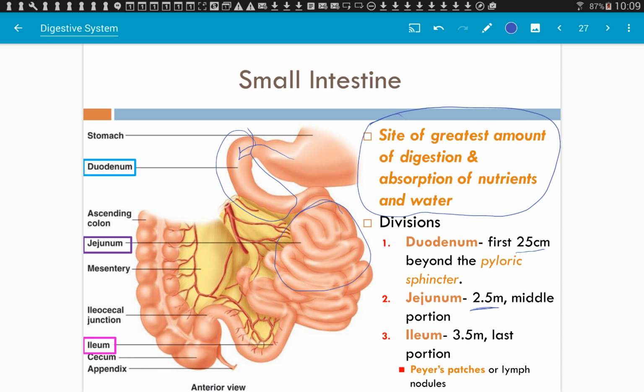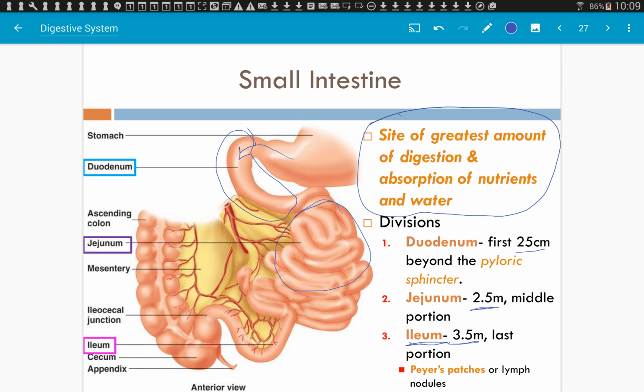So a meter is approximately 3 feet, so you could say it's like 7.5-ish, 8 feet long or so. It's pretty long, okay? And then the last portion is the ileum, and it's even longer, 3.5 meters. So like 10.5 feet or so.